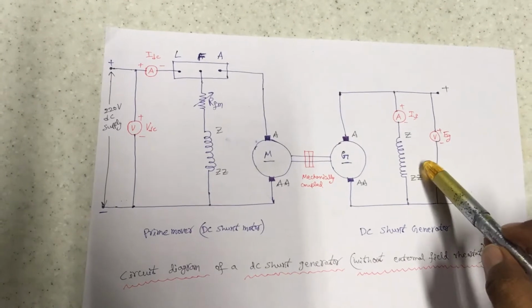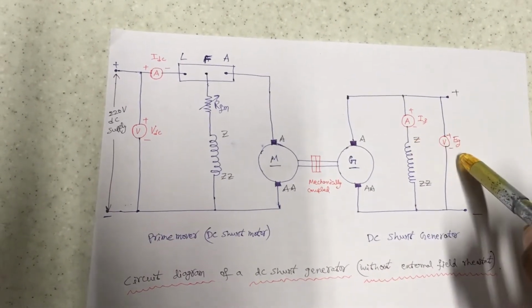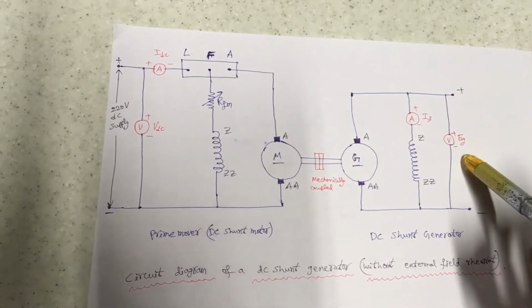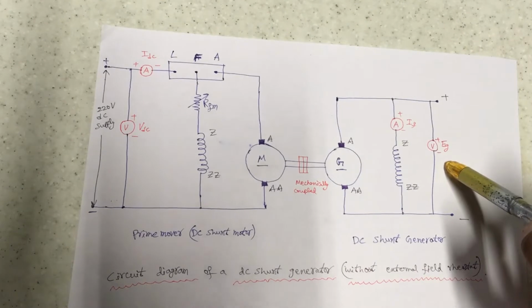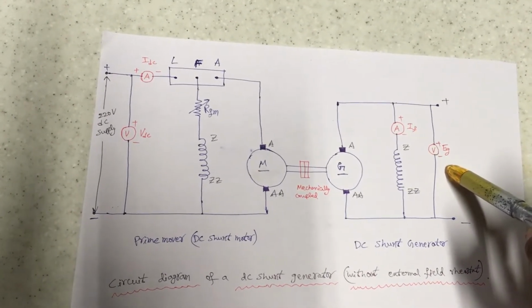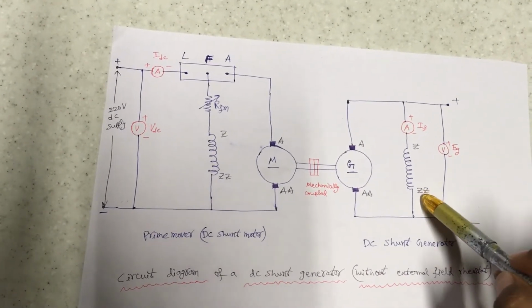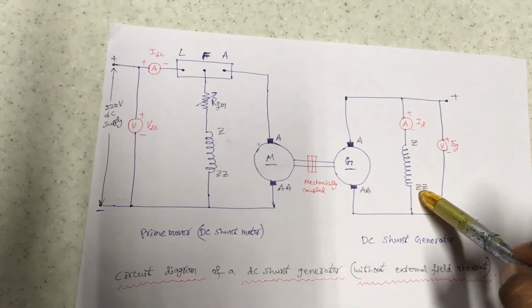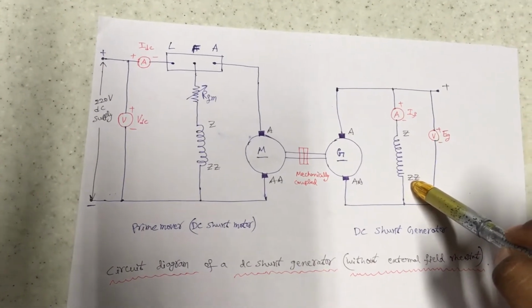Then we are going to measure the field winding current and voltage across the armature winding of a DC shunt generator. Then this point we will include in the magnetization characteristics of a DC shunt generator, and then we will also measure the field winding resistance of DC shunt generator separately.